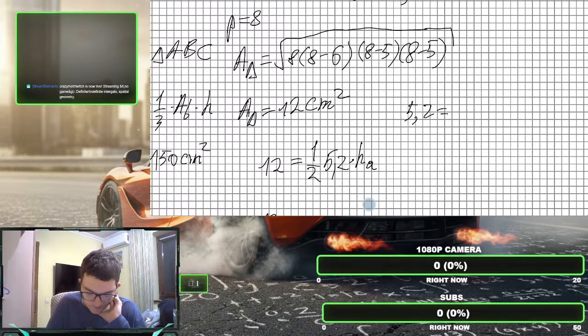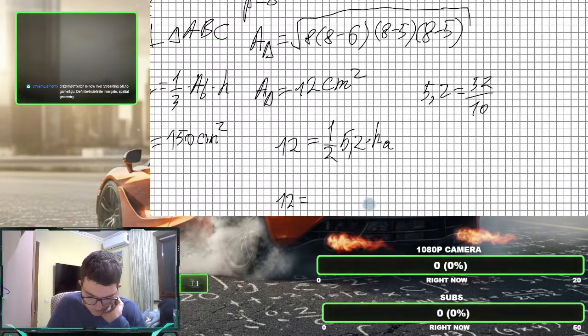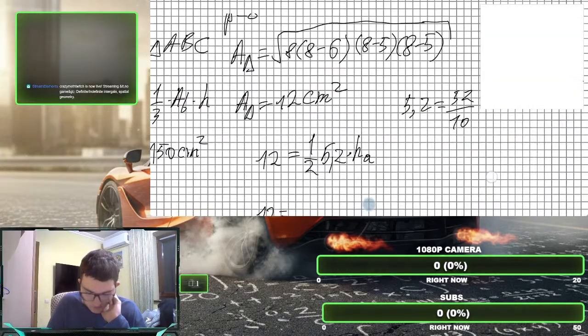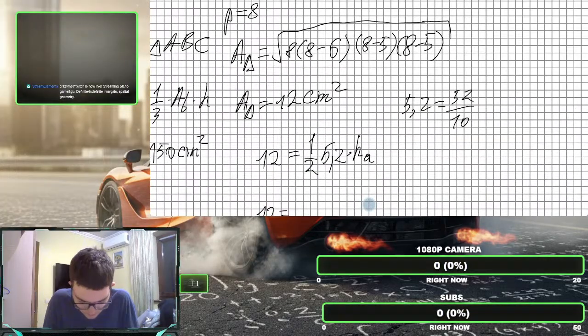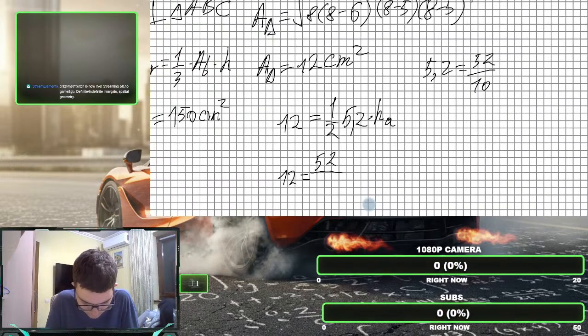Well, I think it's 52 divided by 10, right? 52 divided by 10. So it's gonna be 52 divided by 20 there, and HA.